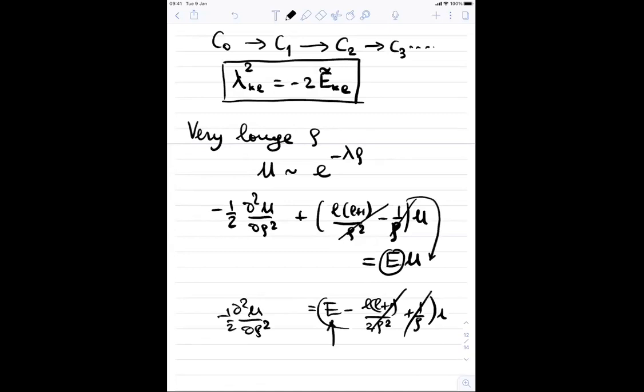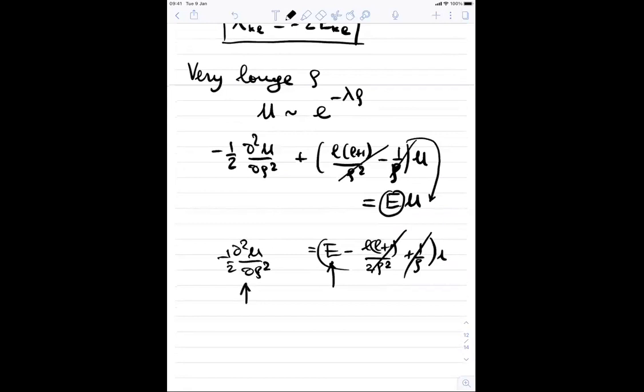It's only E that matters. But if you calculate the first derivative of this object, it gives you minus lambda e to the minus lambda rho. Then the second derivative gives you minus 1/2 times lambda squared times u, with e to the minus lambda rho.